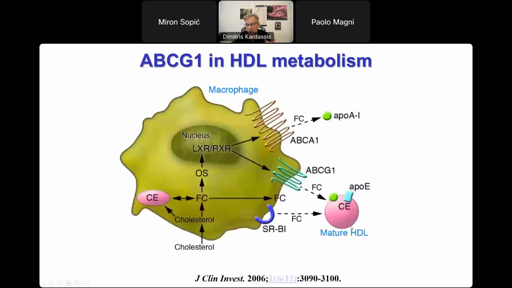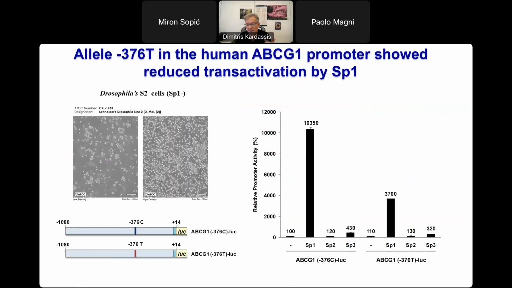What we saw was that when we overexpressed SP1, this promoter was activated very strongly, whereas the other promoter containing the T allele was not activated so strongly. It was still activated, but not as strongly as this one. We also used other members of this family, SP2, SP3, and we did not find anything.